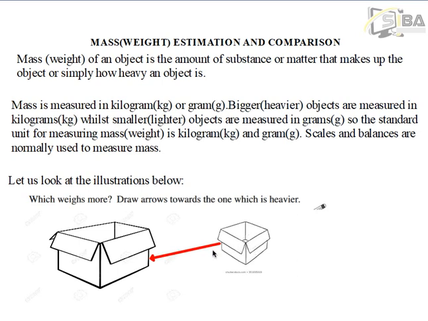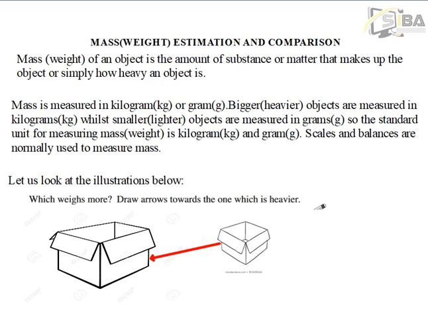We realize that definitely the bigger one will weigh heavier than the smaller one. So here you realize the arrow is being drawn from the smaller box towards the bigger, heavier box.